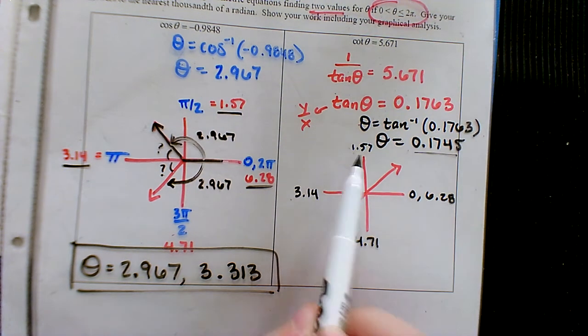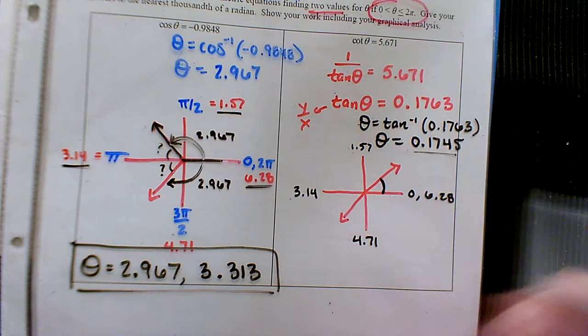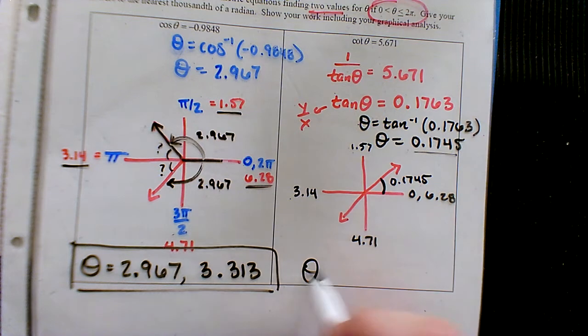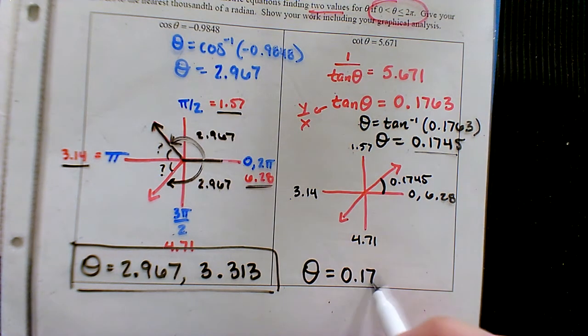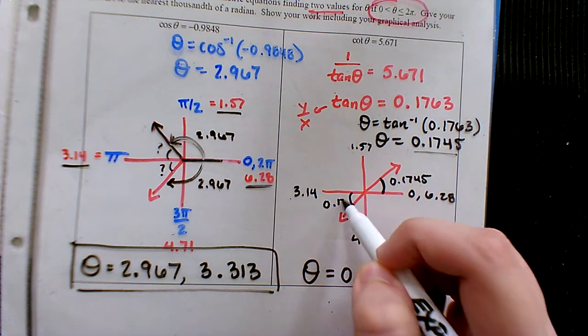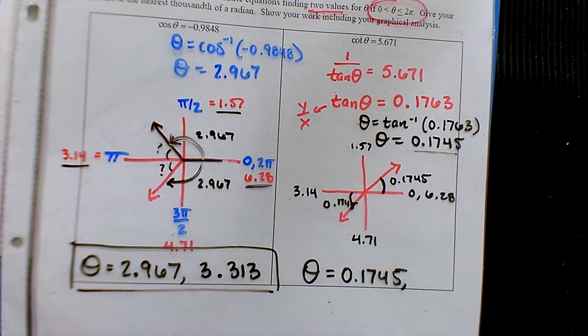That decimal is between 0 and 1.57. So in this case, notice how it's giving us that reference angle, 0.1745. So there's one angle measurement. If that's the reference angle in quadrant 1, the reference angle in quadrant 3 is exactly the same. So it looks like we'd have to take pi and add that reference angle measurement.